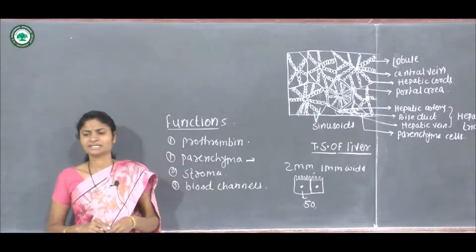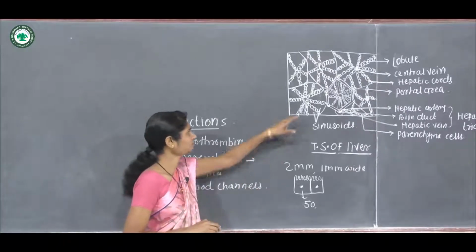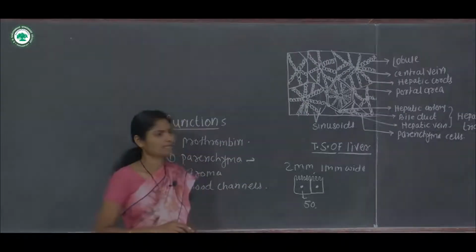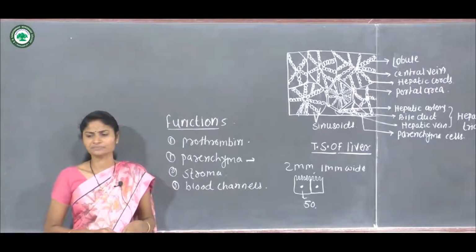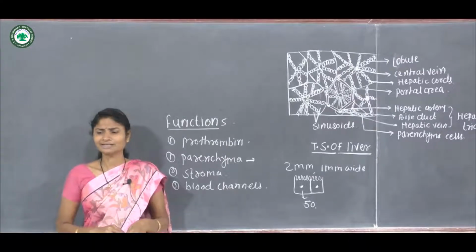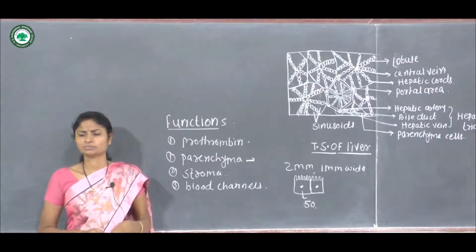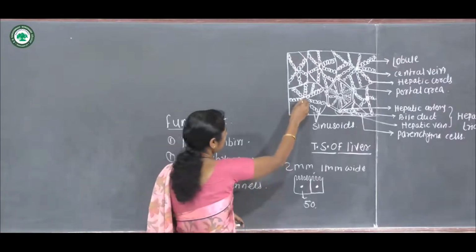The hepatic cells are arranged irregularly, in branching interconnected plates which appear like cord-like structures.